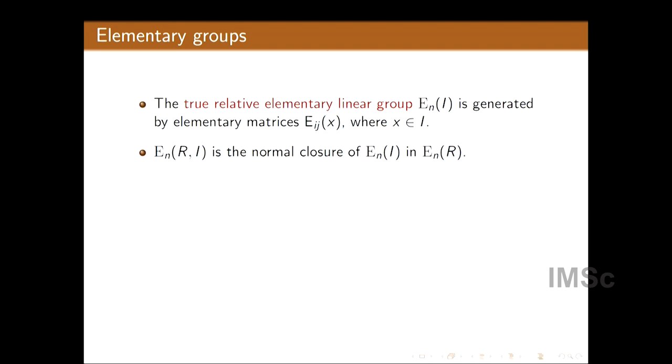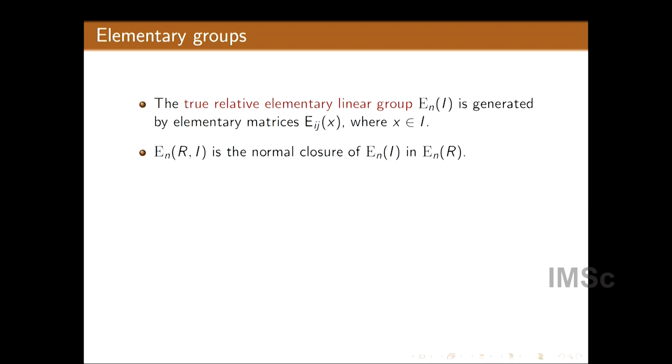This is basically the normal closure of E_n(I) inside E_n(R). What do I mean by that? It's the group generated by elements of the form g h g inverse, where g is an element of E_n(R) and h is an element of E_n(I).